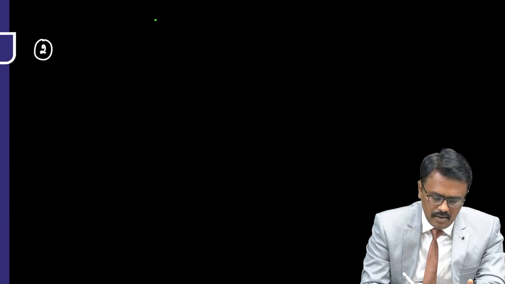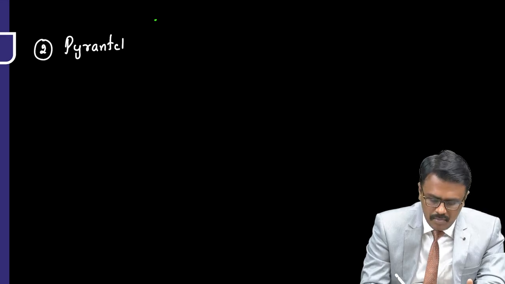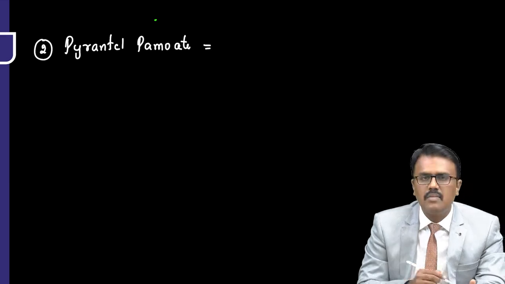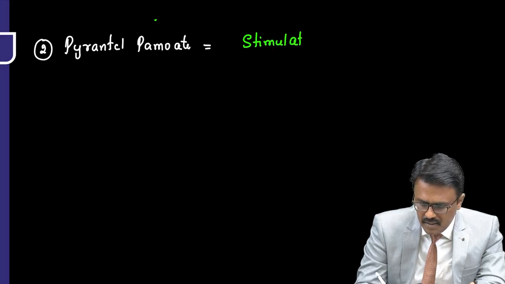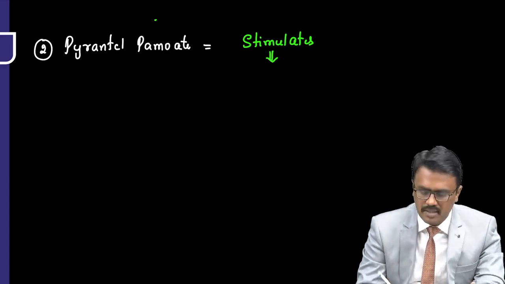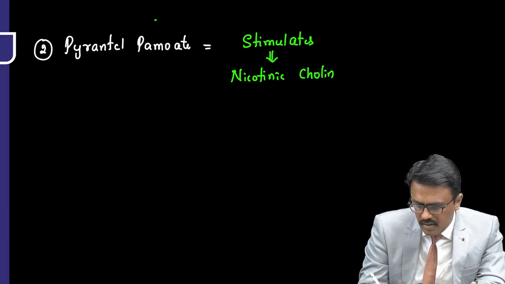The name is pyrantel pamoate. Now, what is the mechanism of action of this? This drug stimulates nicotinic cholinergic receptors in the worm.